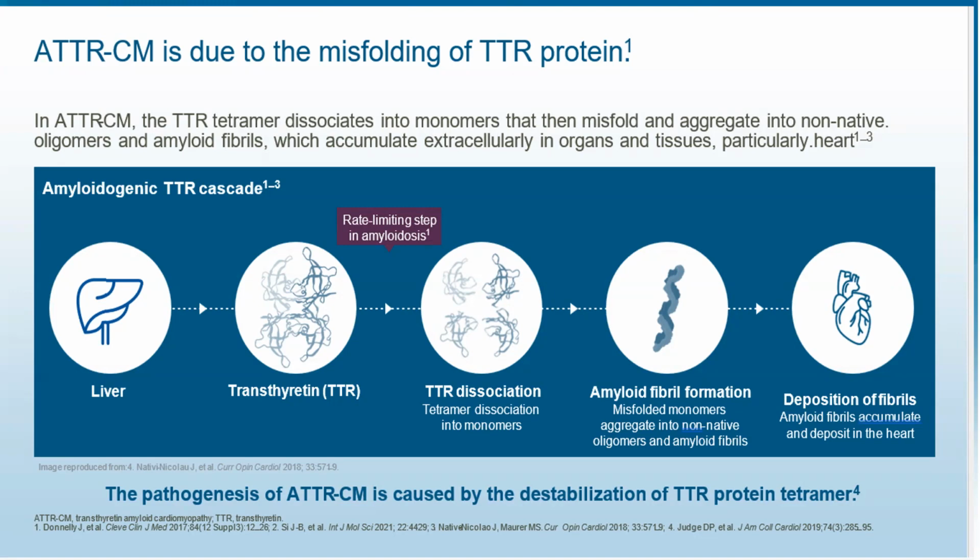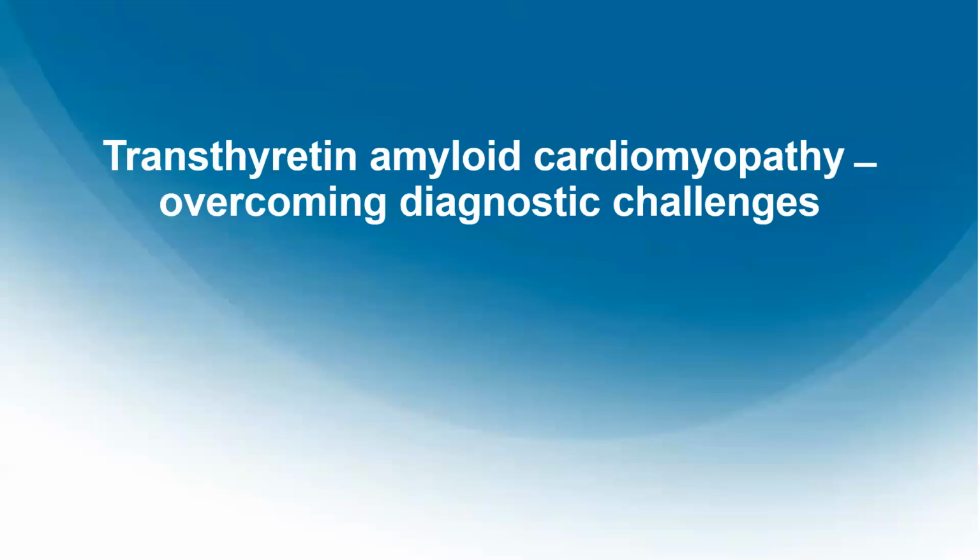So the amyloid fibril actually deposits in the heart and causes cardiomyopathy and heart failure, which is our interest, and also deposits in many other organs, including the liver itself, the peripheral nerves causing peripheral neuropathy, the eye, and several other parts of the body.